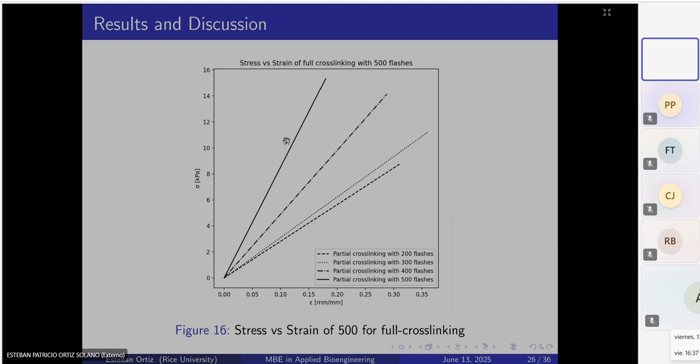One way that you can control the mechanical behavior of the sample is just changing the amount of UV light that you provide to the flashes.